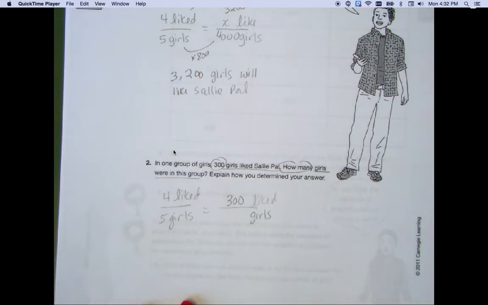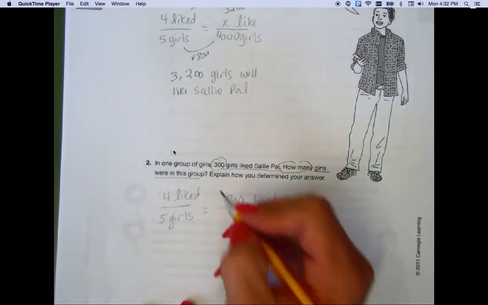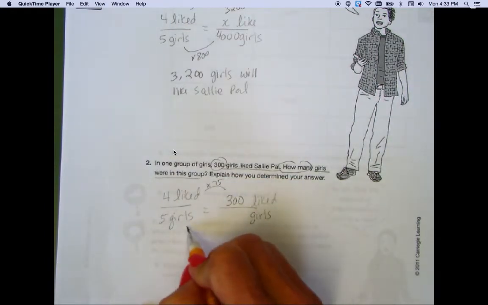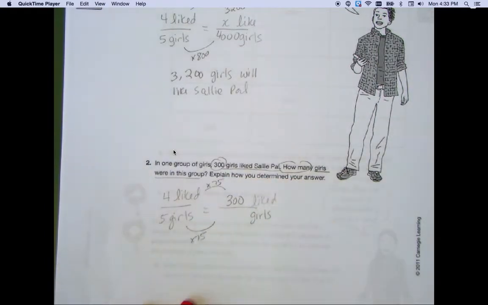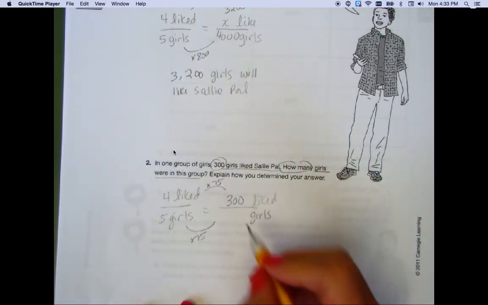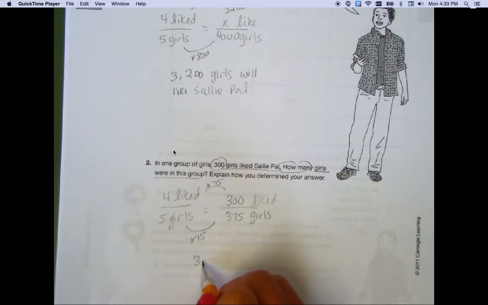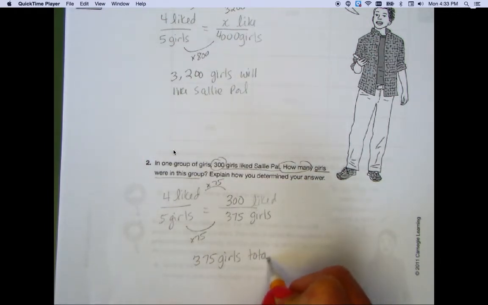So 300 divided by 4 gets me 75. So 4 times 75 is 300. So 5 times 75 gives me 375. So there would be 375 girls total.